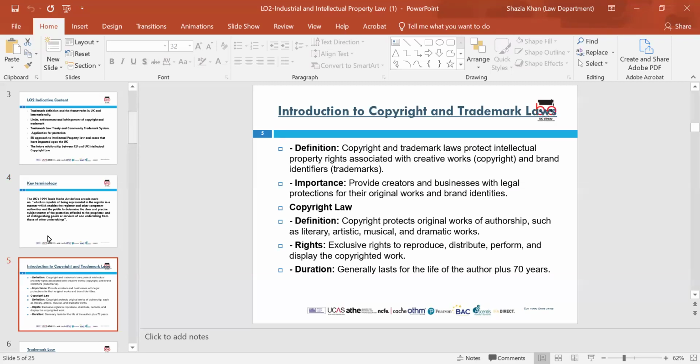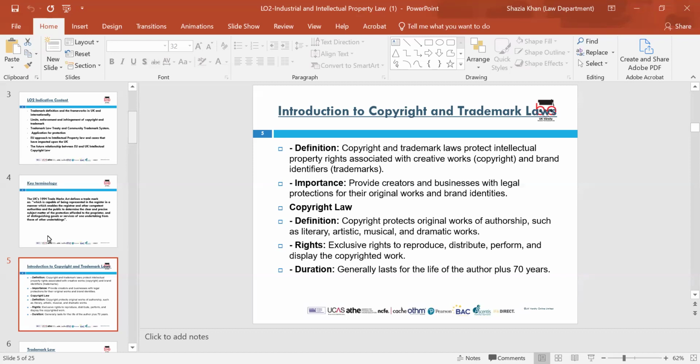So, introduction to copyright law: copyright and trademark. As we said, copyright protects your work and stops others from using it without your permission. Copyright is important in that it gives creators of literary, dramatic, musical, artistic works, sound recordings, broadcasts, films, and typographical arrangement of published editions, rights to control the ways in which their material may be used.